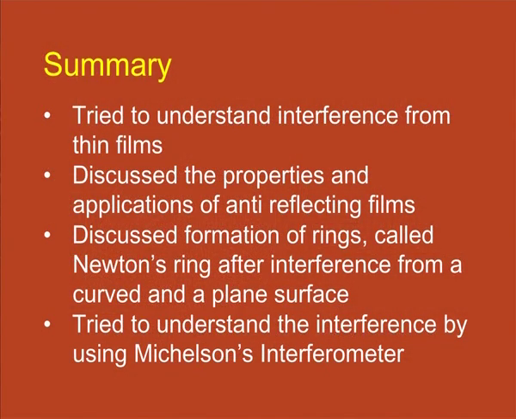Then we discussed the formation of rings which are called Newton rings after interference from a curved surface on a plane surface. Newton's rings are a kind of hindrance when you want to have a completely plane surface and that plane surface is acting as a substrate for a curved surface.